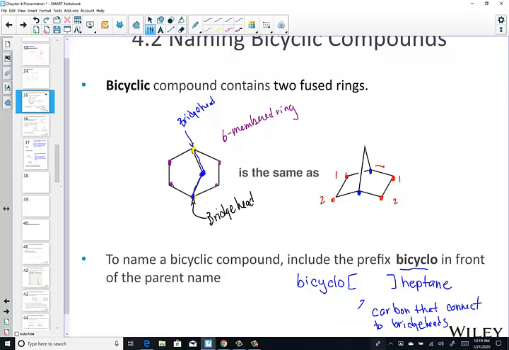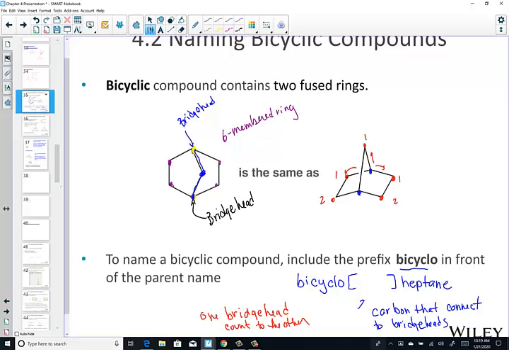Oh, I went from this bridgehead, now I counted in this direction, and up here is a 1 carbon ring. So from the bridgehead, I counted all the carbons that brought me to the next bridgehead. So from 1 bridgehead, count to the next bridgehead. How many carbons separate them?